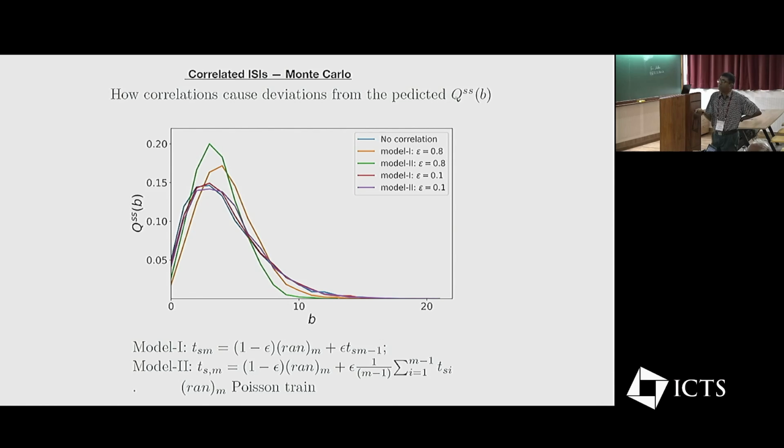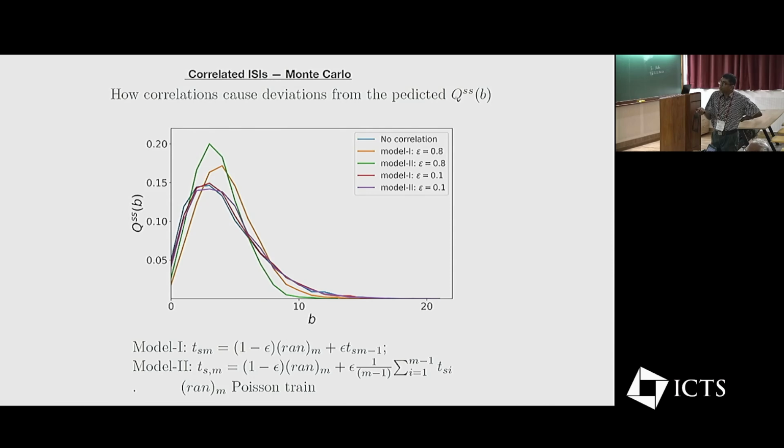So the mth time depended on the m-1th time, and thus it got correlated. Similarly, in the second model you correlate with times all the way from 1 to m-1. Different kinds of correlated models can be created, and this epsilon gives you a handle on how to tune and make the correlations higher.